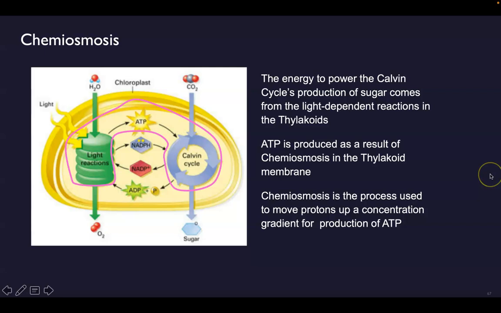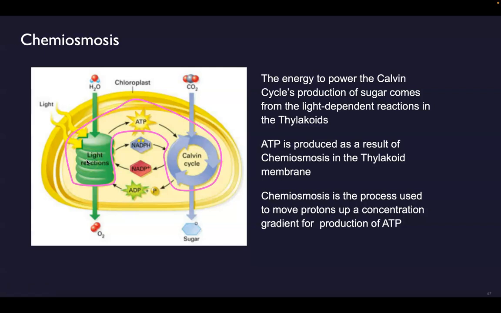The energy to power the Calvin cycle's production of sugar comes from the light-dependent reactions in the thylakoid. So I just circled this kind of roughly just to help you focus in on that point. Energy that is needed for the Calvin cycle to happen is being made by the reactions happening in the thylakoids.